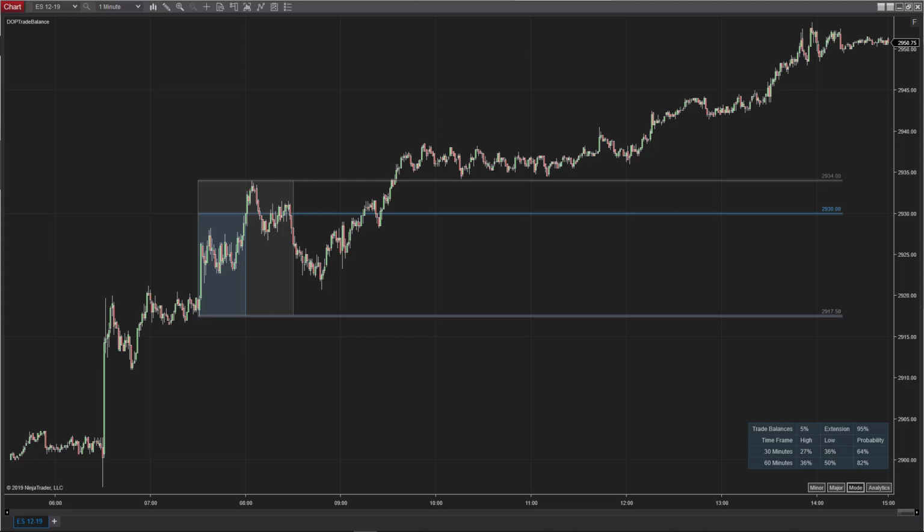So, trade balance first. Beautiful movement. We had this announcement earlier, and the market really took off. Despite what a lot of people say, things are really going well economically in the United States.